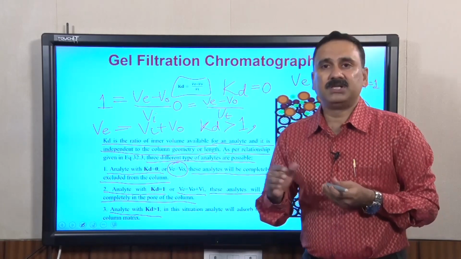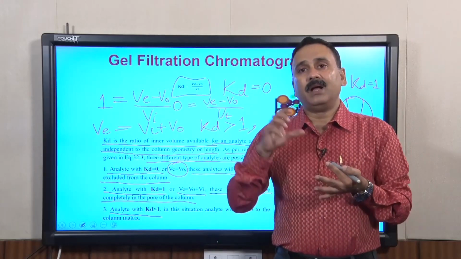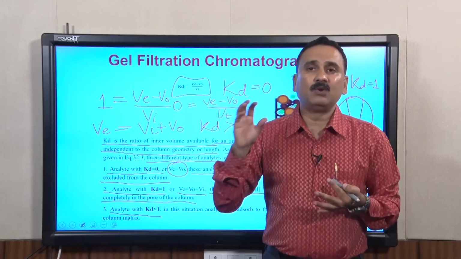Under what condition is VE going to be bigger than Vi plus Vo? Under one condition: the molecule which you are resolving is irreversibly binding to the beads.